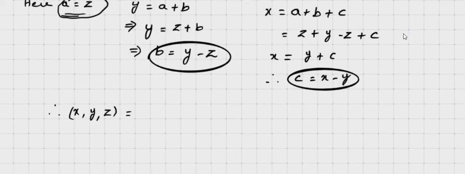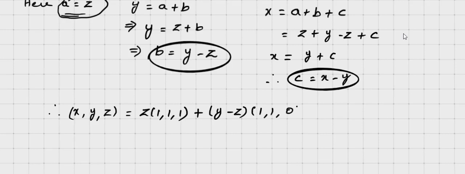So this is z into (1, 1, 1) plus b into, b is y minus z, into (1, 1, 0) plus c into, that is c is x minus y, which is (1, 0, 0). So this is the first step as explained in the procedure.